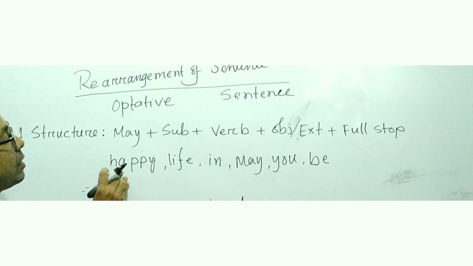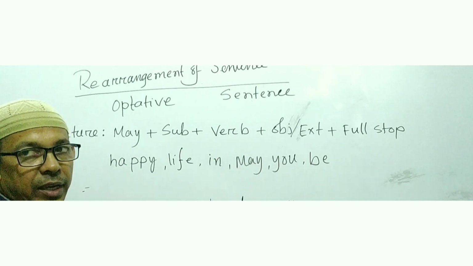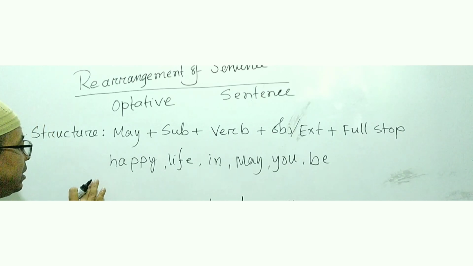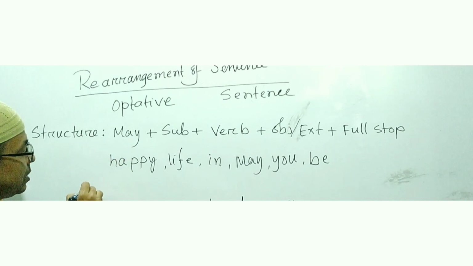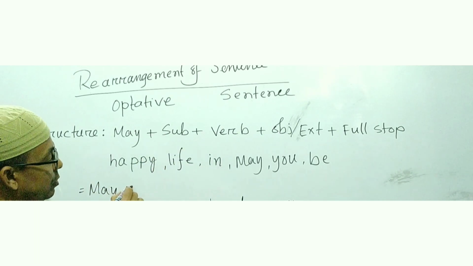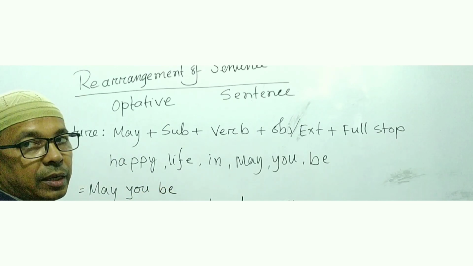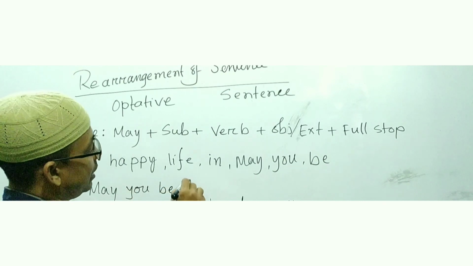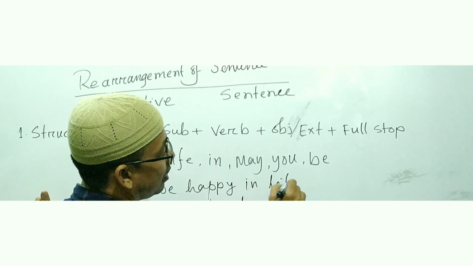You can see "happy life in may you be." Okay, so here you can see, write at first may, then the subject you, may you, then the verb be, may you be, then happy in life.